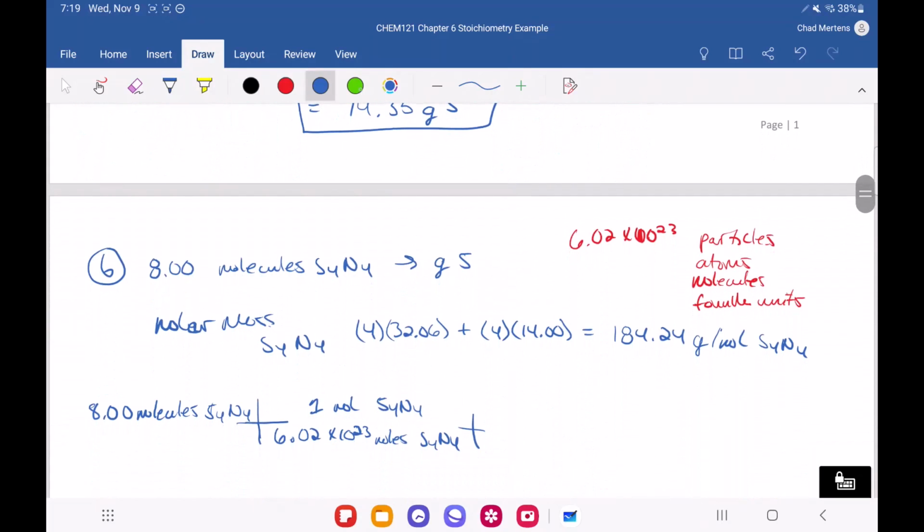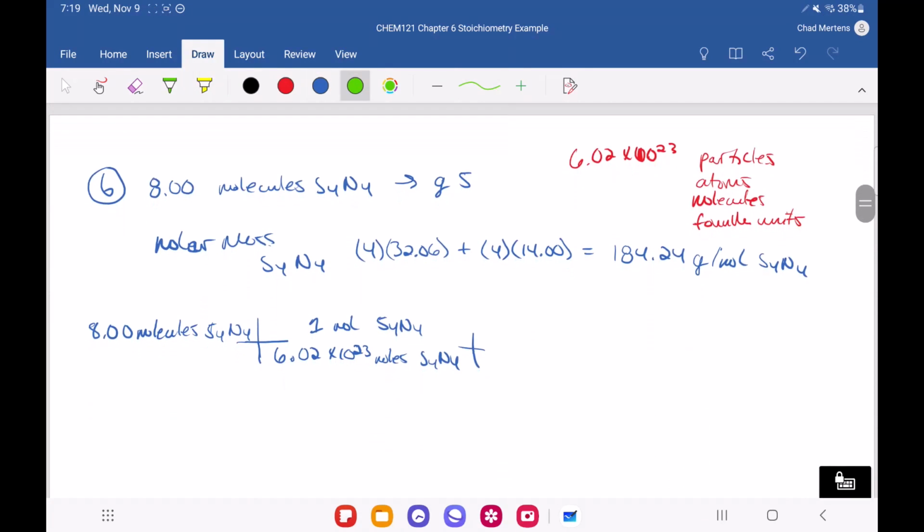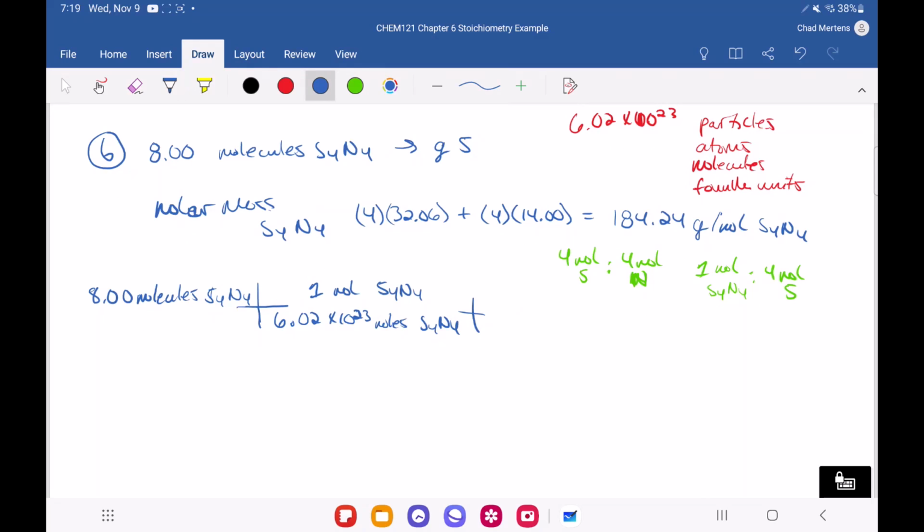For this equation, we can see that in 1 mole of S4N4, there are 4 moles of sulfur. We want the S4N4 to cancel so we can put it in units of sulfur.